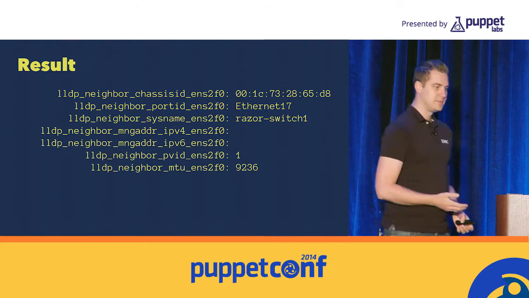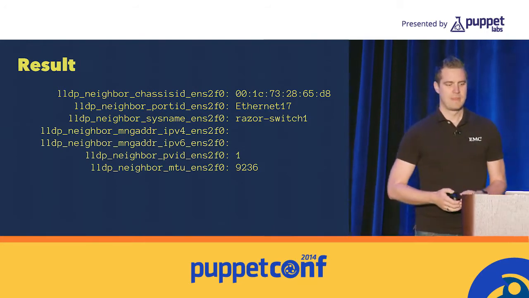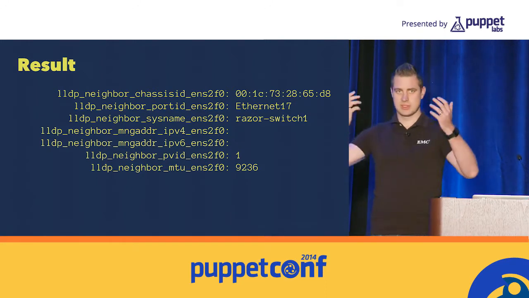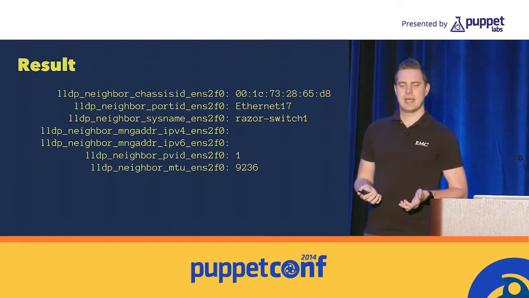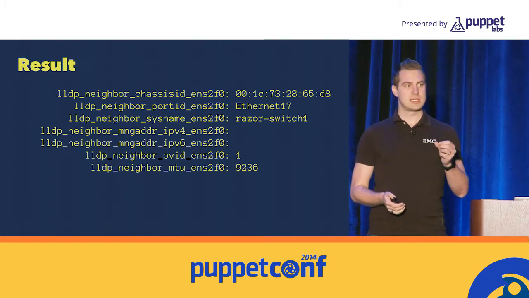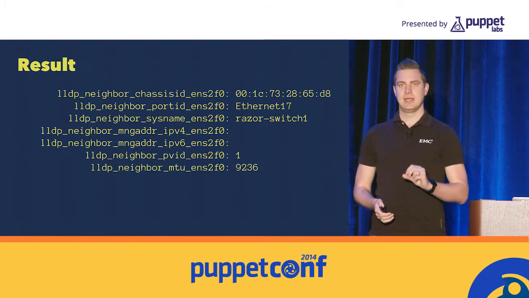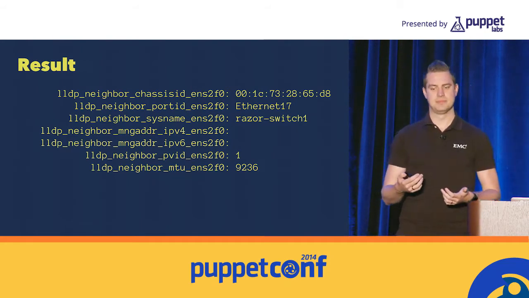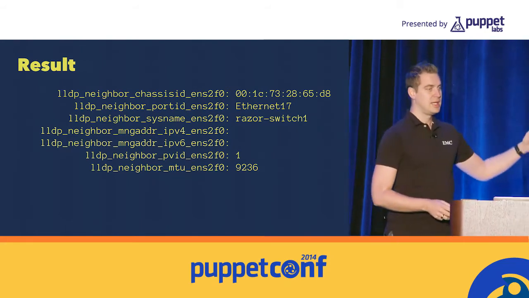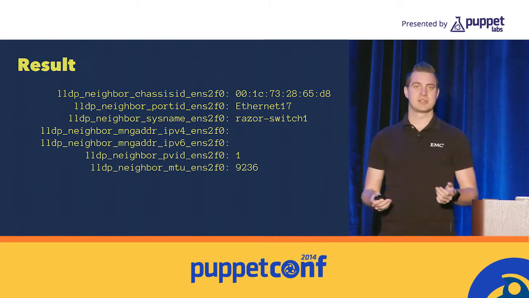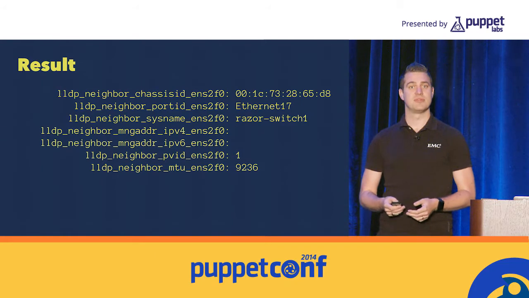So for this one, the example here, I am connected to a switch called Razor Switch 1. It's just my Razor rack. And it's connected to port ID 17. So I know that this is server 17 in that rack because I have that cabling scheme. I can also see which VLAN I am on, and I can also see the MTU information if I want to.